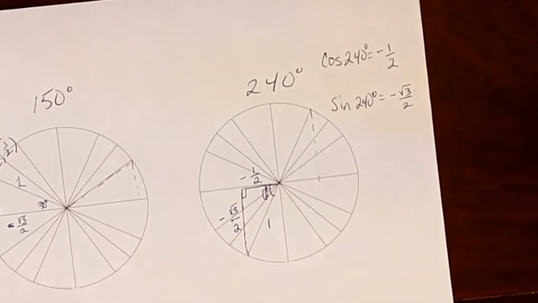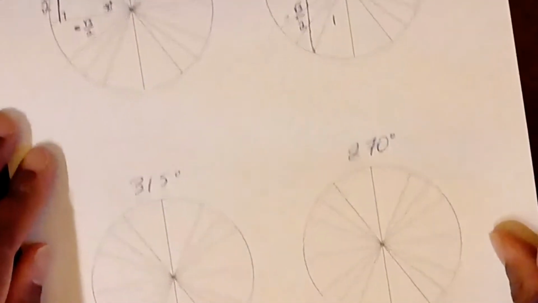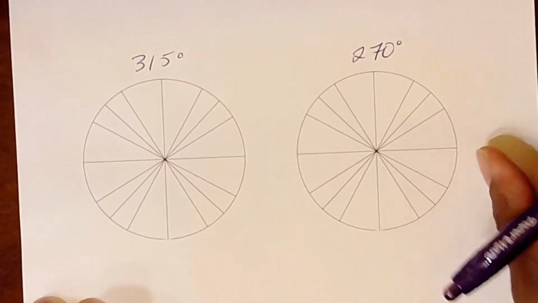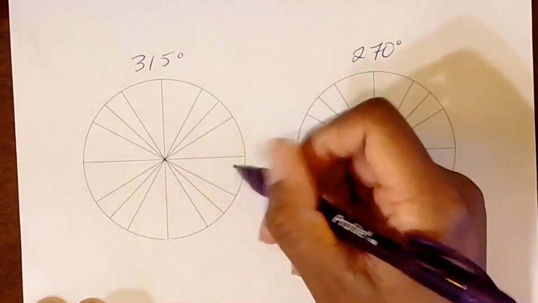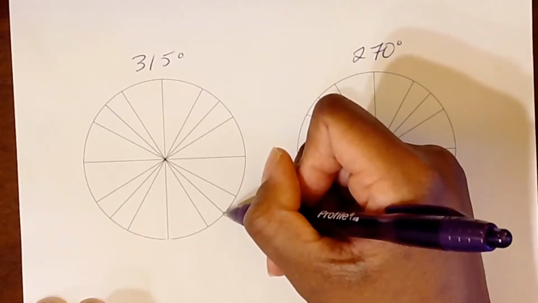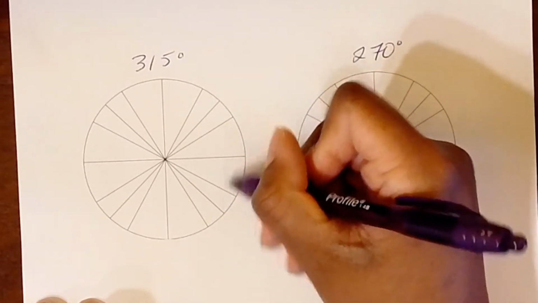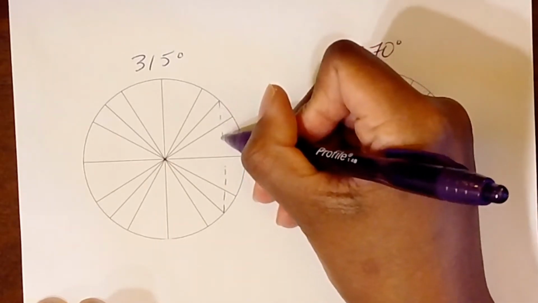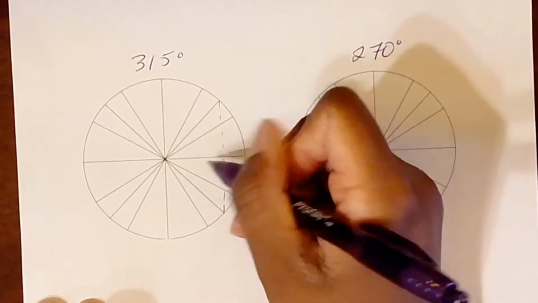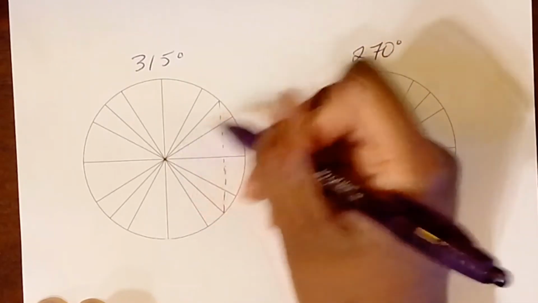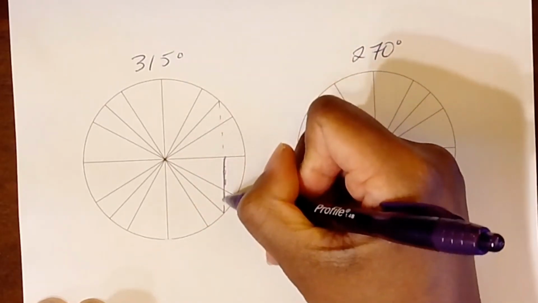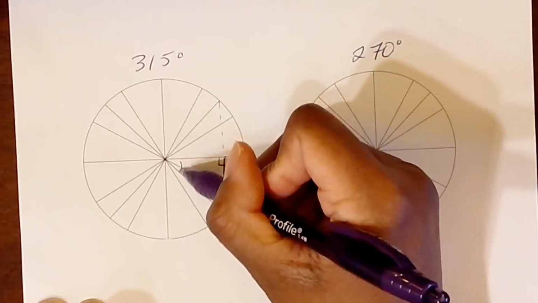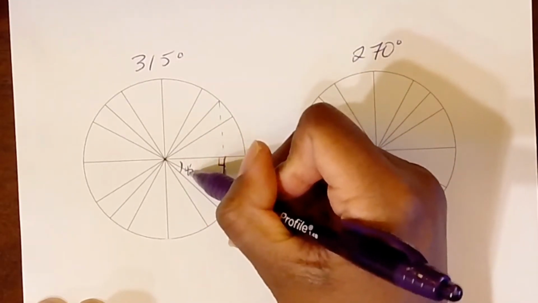So now let's move on to the circle that is 315 degrees. For this particular angle, the reference angle is 45 degrees. Notice the 45, so I'm going to also draw 45 degrees here.